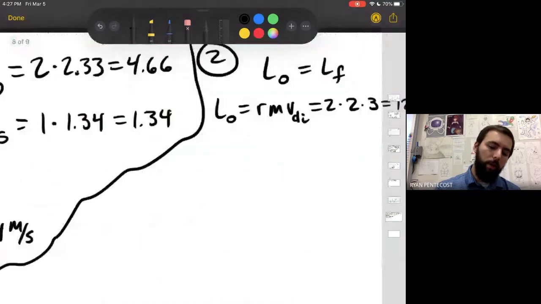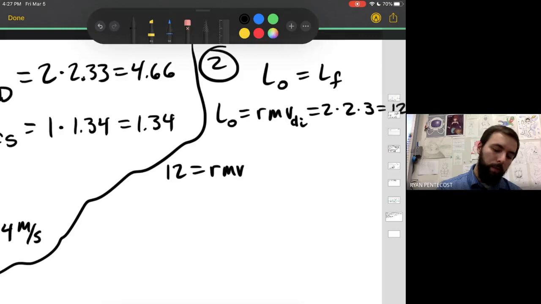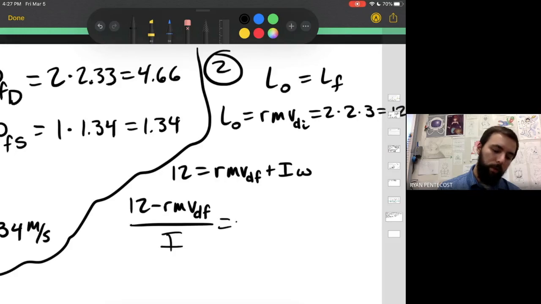Now, if we know that the final angular momentum must equal 12, that means that we have R m V_DF, which we have all of those, plus I omega. We do not have our omega, right? So let's find this. First, you can take 12 minus R m V_DF divided by I. That will equal your omega.